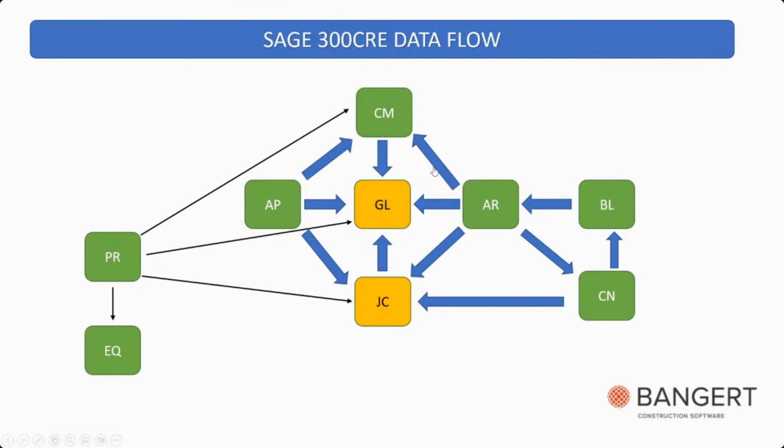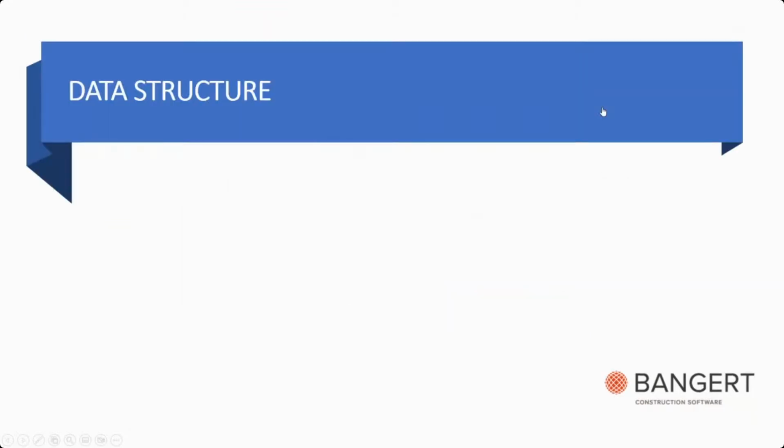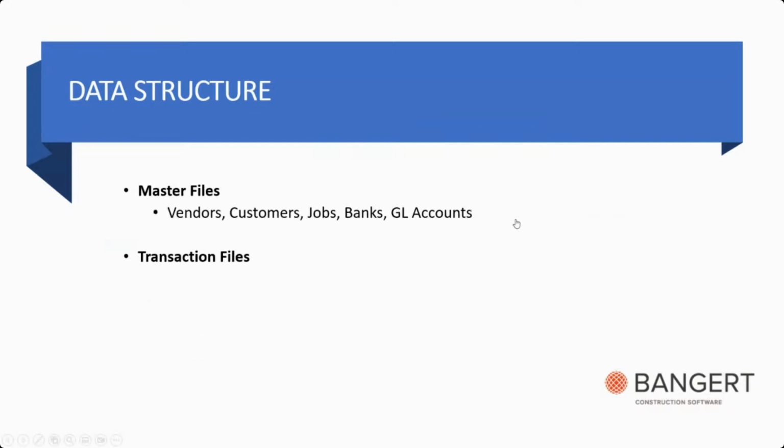As far as the types of data that are going to flow in the system, it's very important to consider that as well. We have two types of data: what is known as master files and what is known as transaction files. Your master files are going to be things like your vendor lists, your customers, your jobs, your bank accounts, your GL accounts.